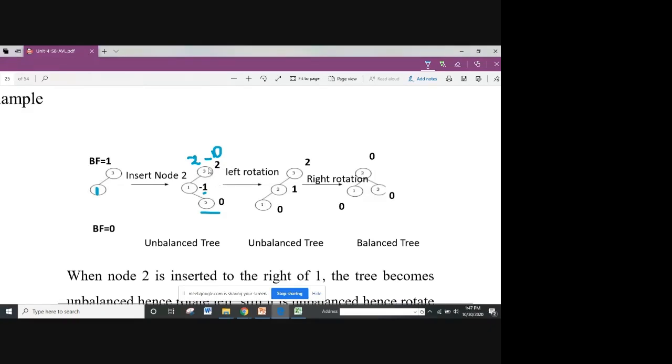If I'm rotating 1 and 3, 1 will go here, then 3 has to come to the left of this. Is it right? That will happen, but it will be wrong.